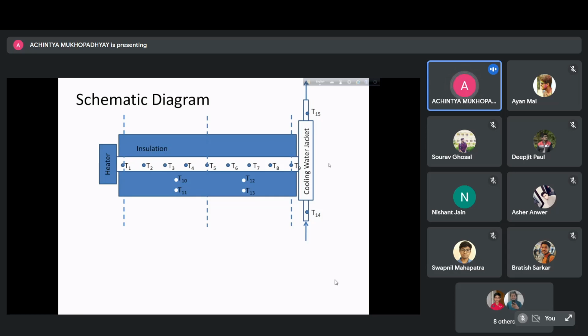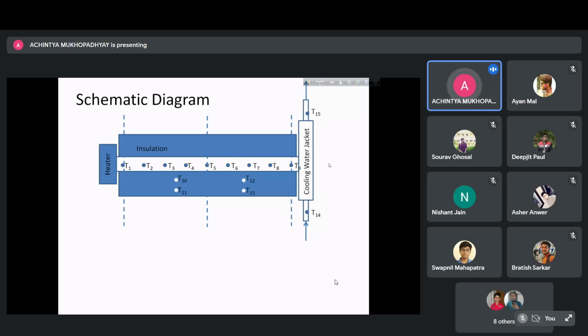So the situation is very much like a fin with convective tip heat transfer. Okay, you have studied that, right? Yes, sir.